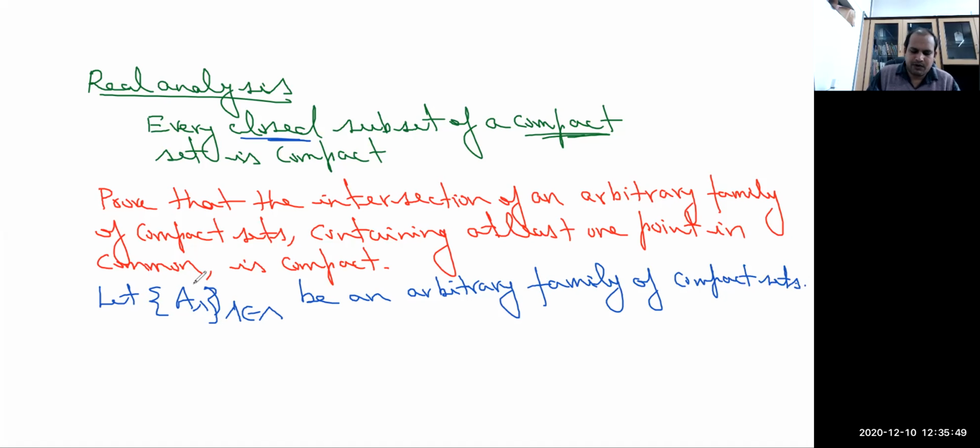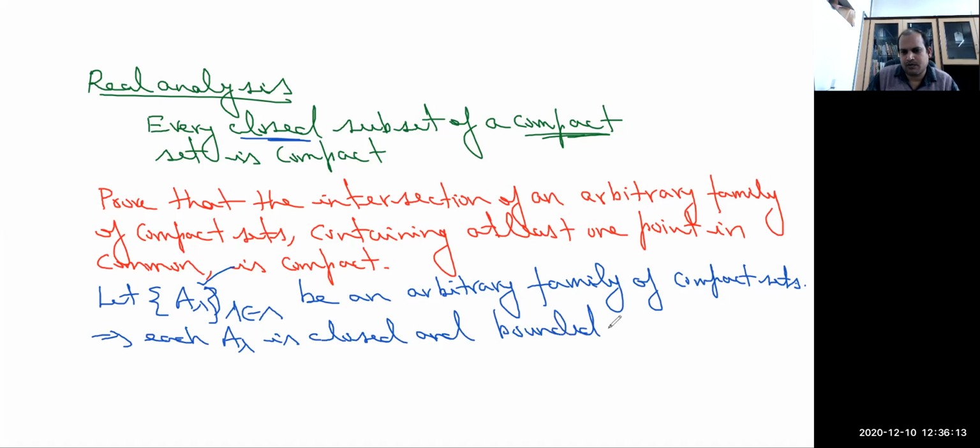Then each A lambda will be closed and bounded from the Heine-Borel theorem, because every compact set is closed and bounded. So each A lambda from this family, being compact, is closed and bounded for lambda belonging to the indexing set.